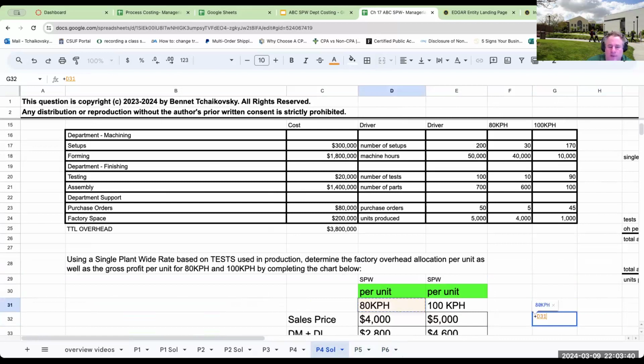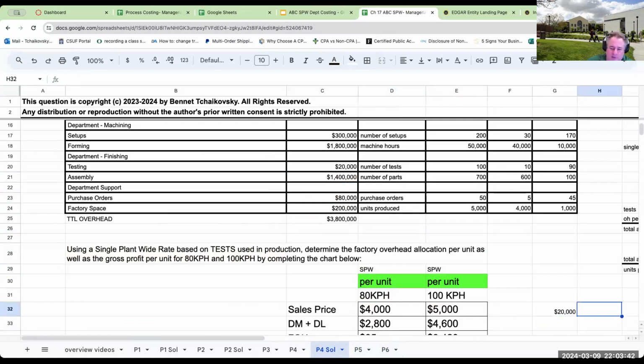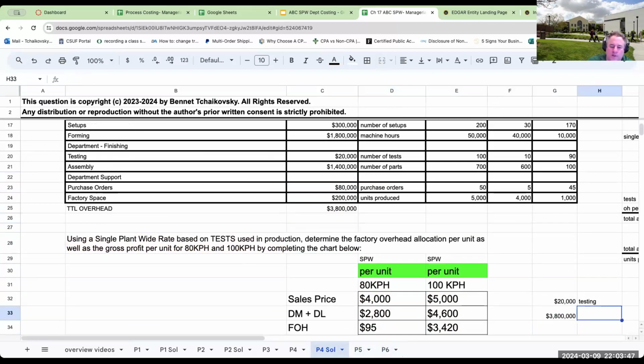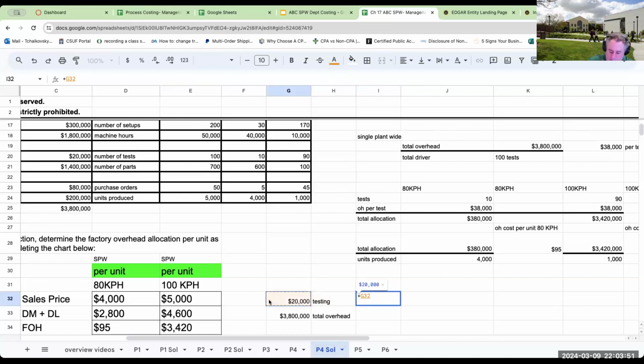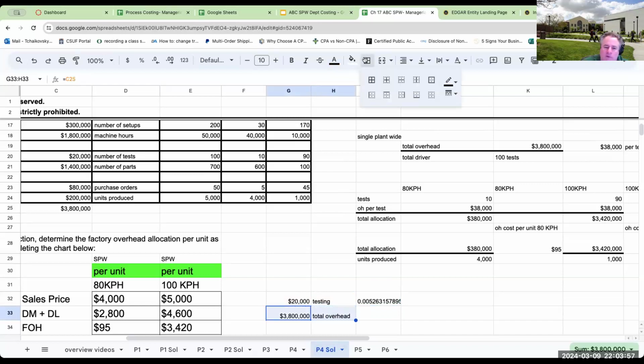Well, the problem is that the testing costs relative to the total overhead represent less than 1%. Is that really a good way to allocate overhead? Meaning I'm choosing to do the single plant-wide rate based on something that is very, very low.